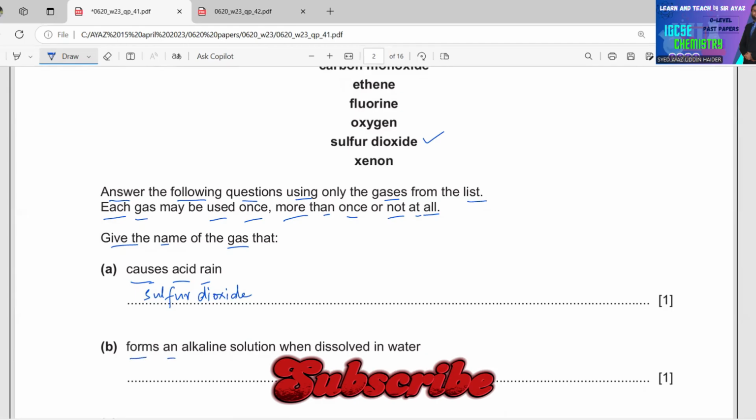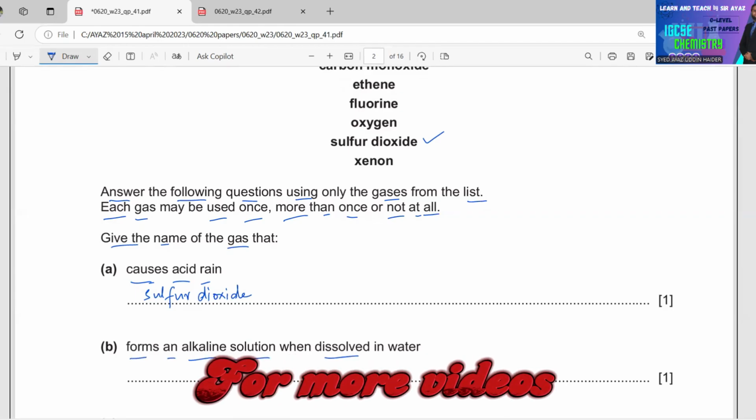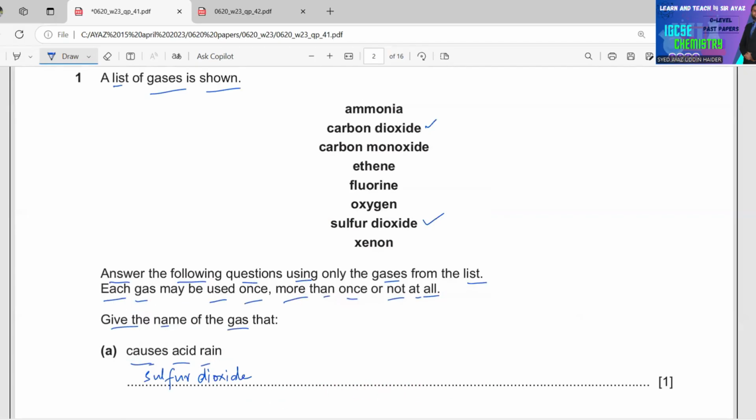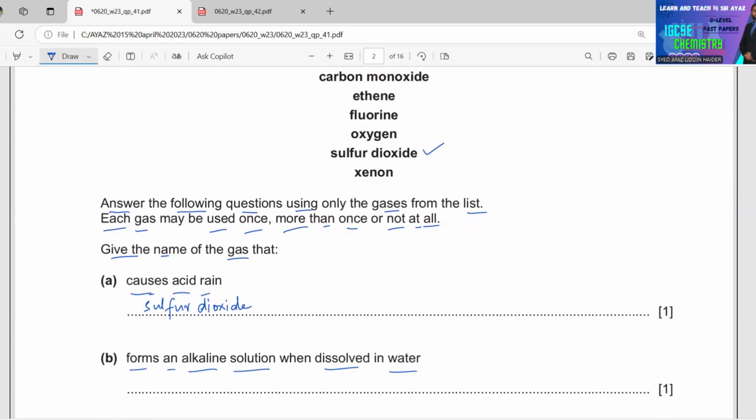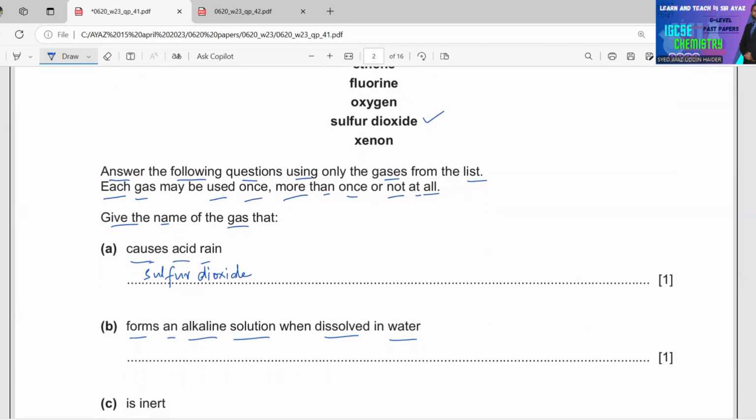B, forms an alkaline solution when dissolved in water. If you look at the list, only ammonia is a gas which when dissolved in water produces an alkaline solution.